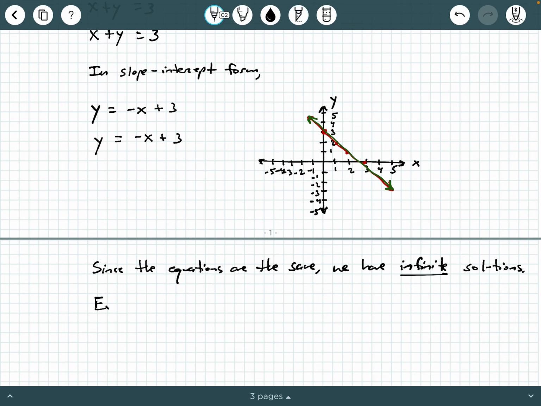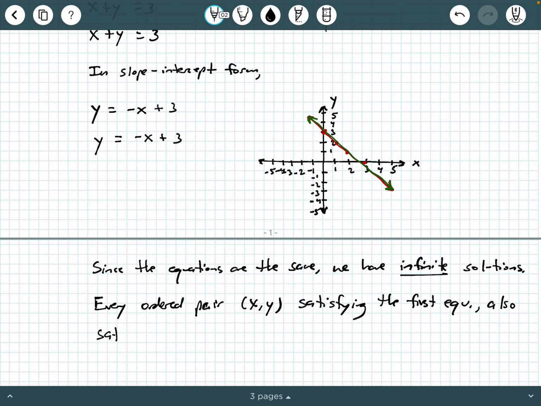So let's write that down. Every ordered pair (x, y) satisfying the first equation also satisfies the second equation.